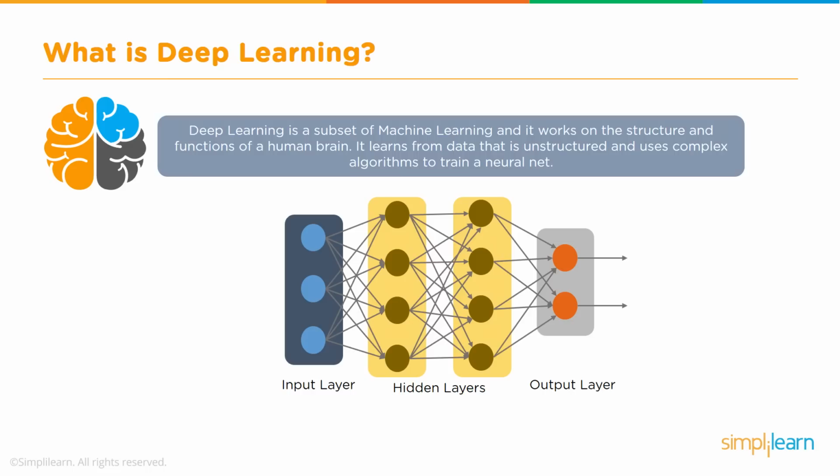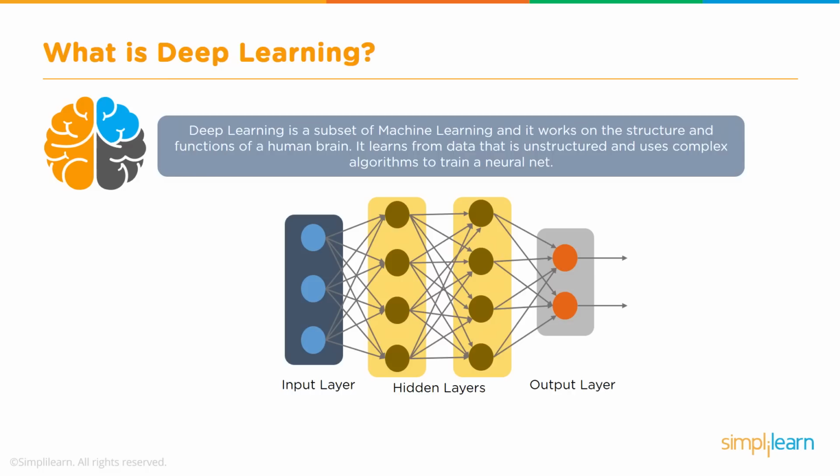Here we teach them how to recognize, let's say, images or voice and so on. So it is a learning mechanism, but here, unlike traditional machine learning, the data is far more complicated and far more unstructured. It could be primarily in the form of images or audio files or text files.